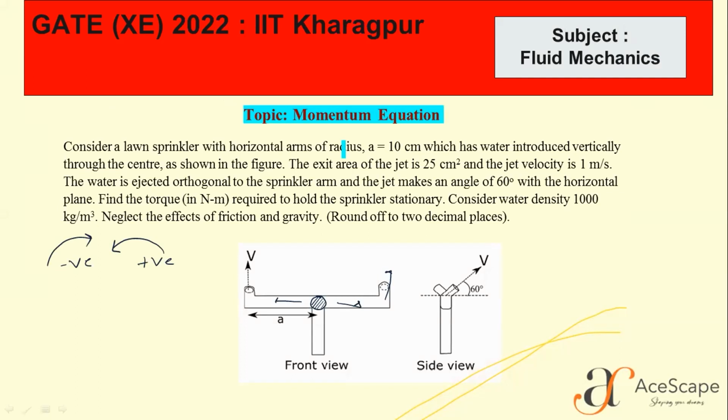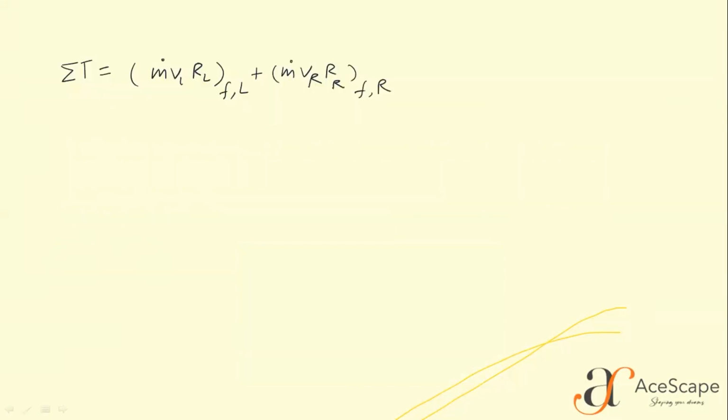There is only the final velocity. There is no initial velocity, there is only final velocity.